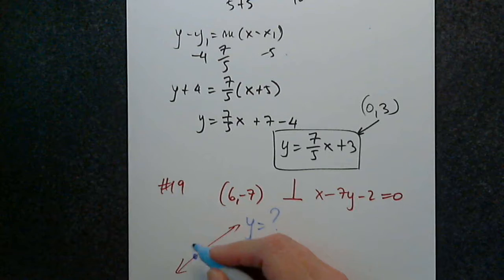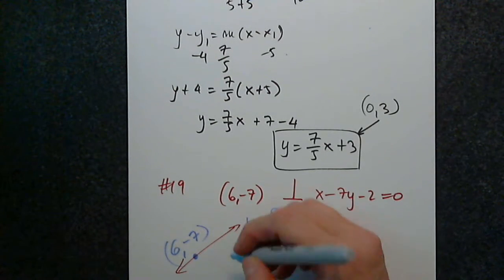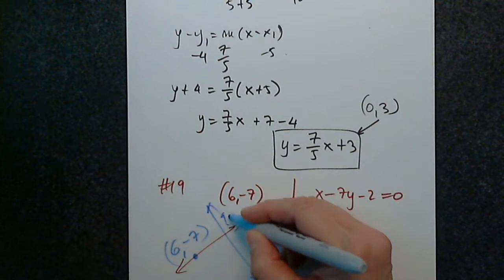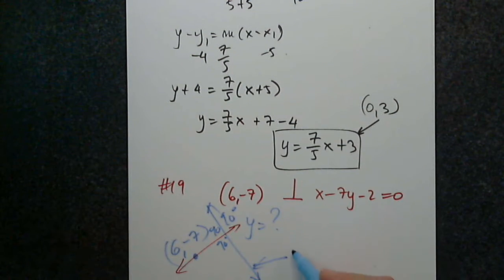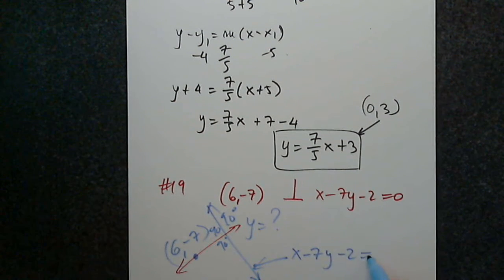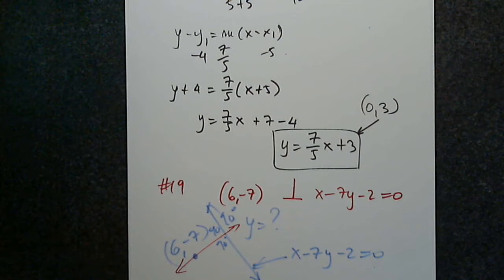But we know it passes through this point, (6, -7), and is perpendicular, with 90-degree angles all over the place, to this line whose equation is this. So now the question is, how do I find the equation of the unknown line? The red line is unknown.